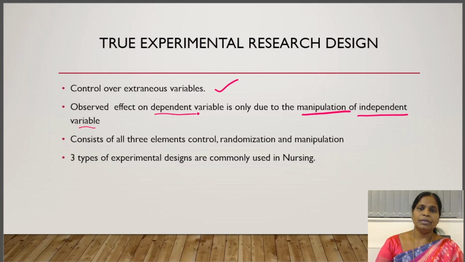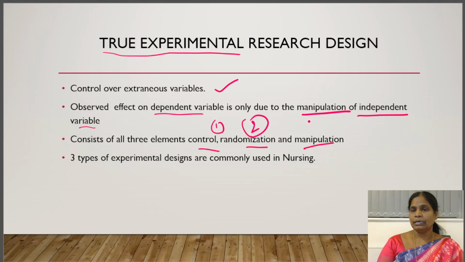A variable in which we notice some changes, we call the dependent variable. True experimental research design consists of all three elements: control, randomization and manipulation.